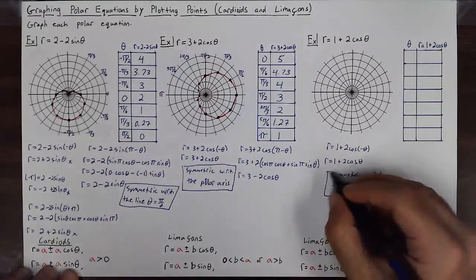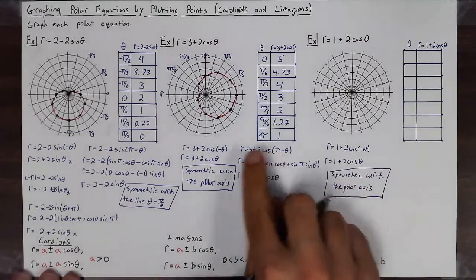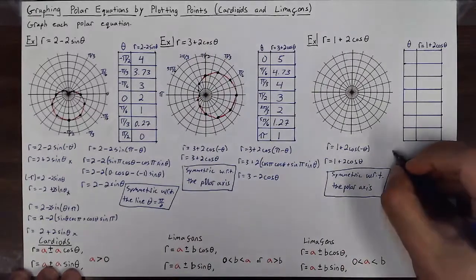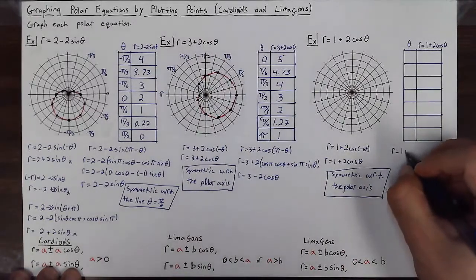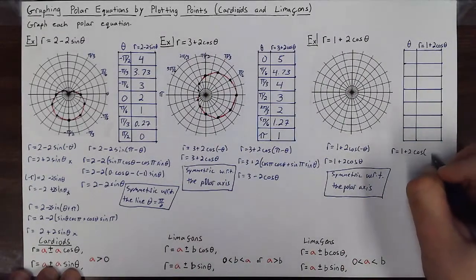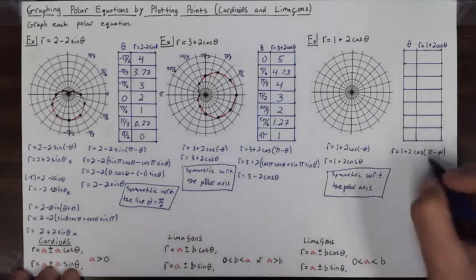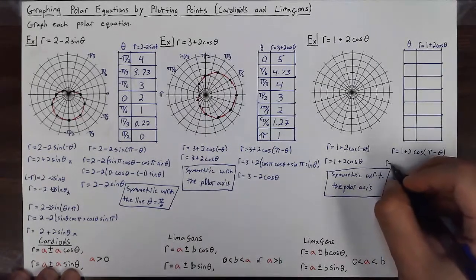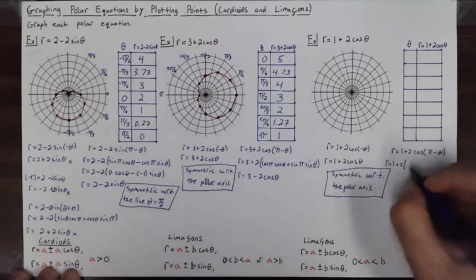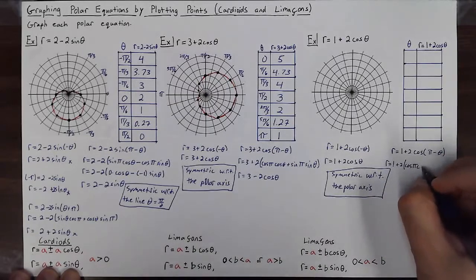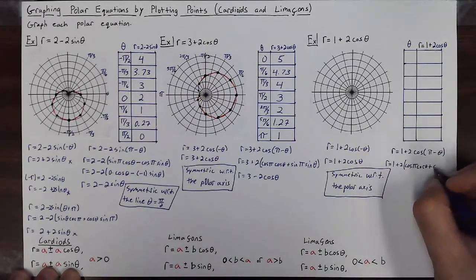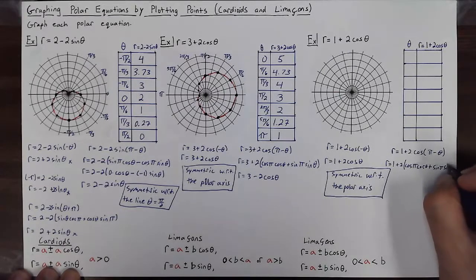But if I check the other symmetry, it probably won't work either. It's a very similar form, but we'll double check just to be safe. So 1 plus 2 cosine of pi minus theta. We'll use that difference formula. So r is equal to 1 plus 2 times cosine of pi, cosine of theta, plus sine of pi, sine of theta.